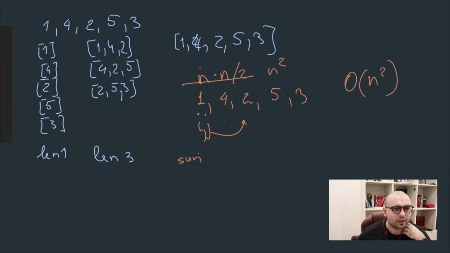1, 4, 2. I'm thinking, how can we solve this problem from already solved problems? For example, we have this part which is repeating, but at the same time we have parts which are not repeating, like this.